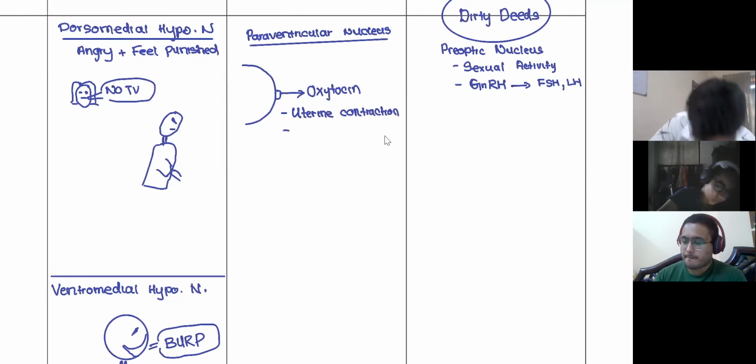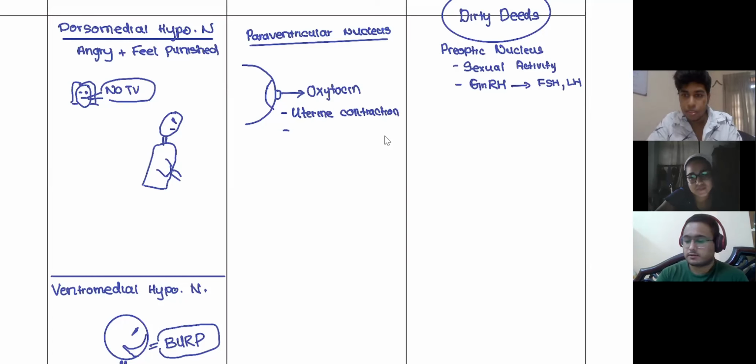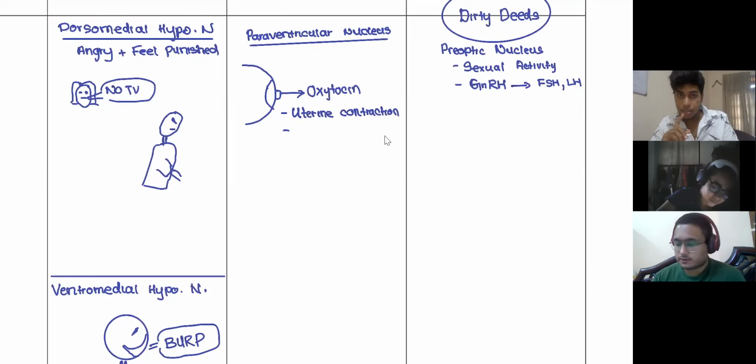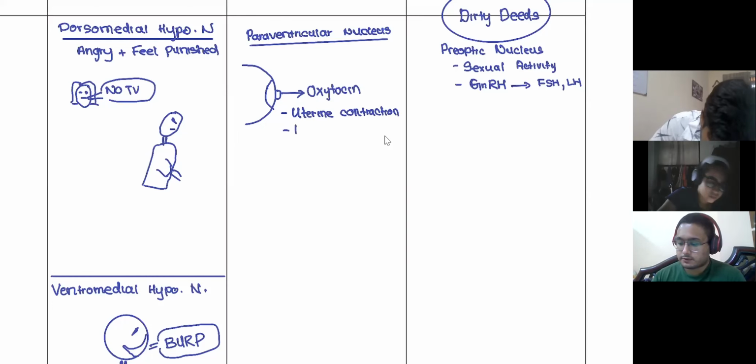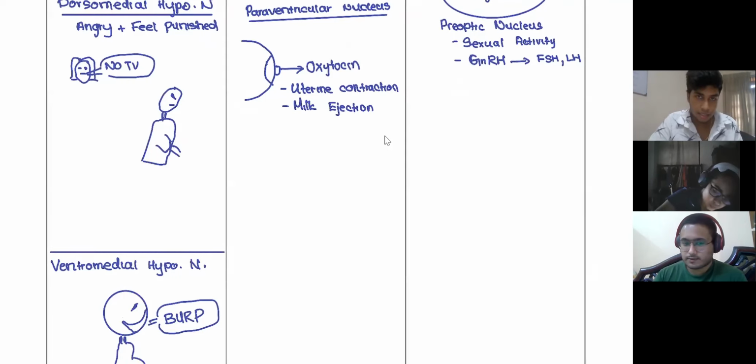One more. Why did I draw this? I hope you guys know what this is. Breast development and milk ejection. Yes, milk ejection. What is the hormone that causes milk production? Prolactin. Yeah. Okay, that is important.